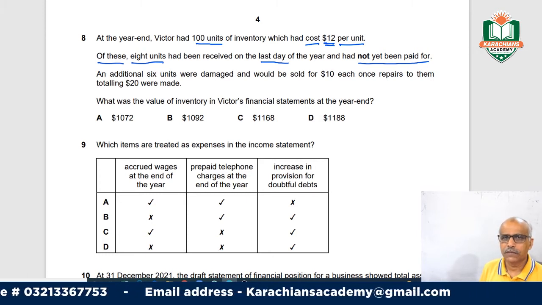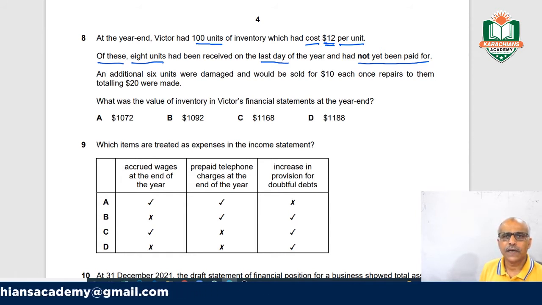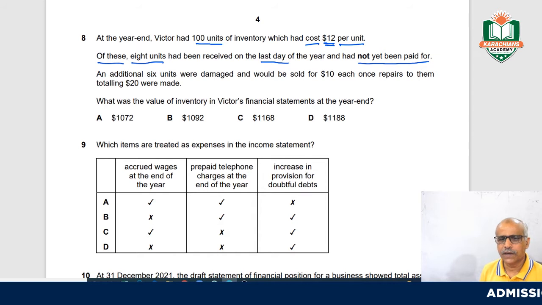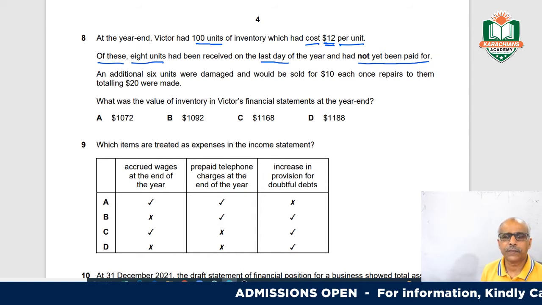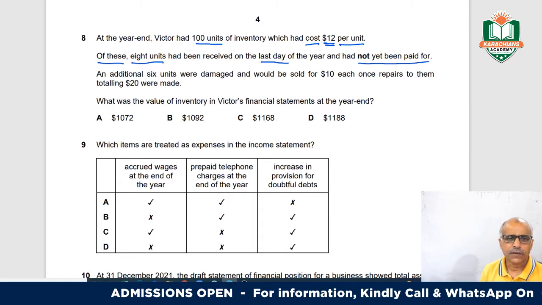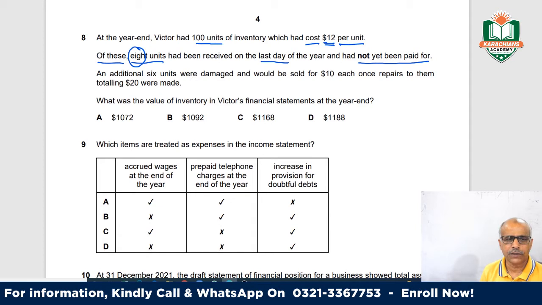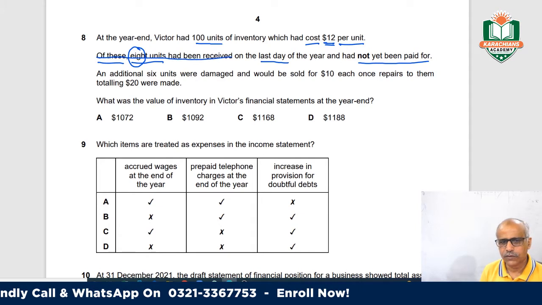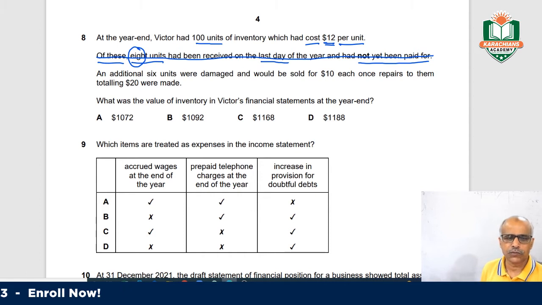We will record it because we are recording based on accrual system. He's just confusing you that it was not paid. Some of the students will deduct these 8 units from the total of 100 units. So it has nothing to do with it. You don't pay attention to this one.